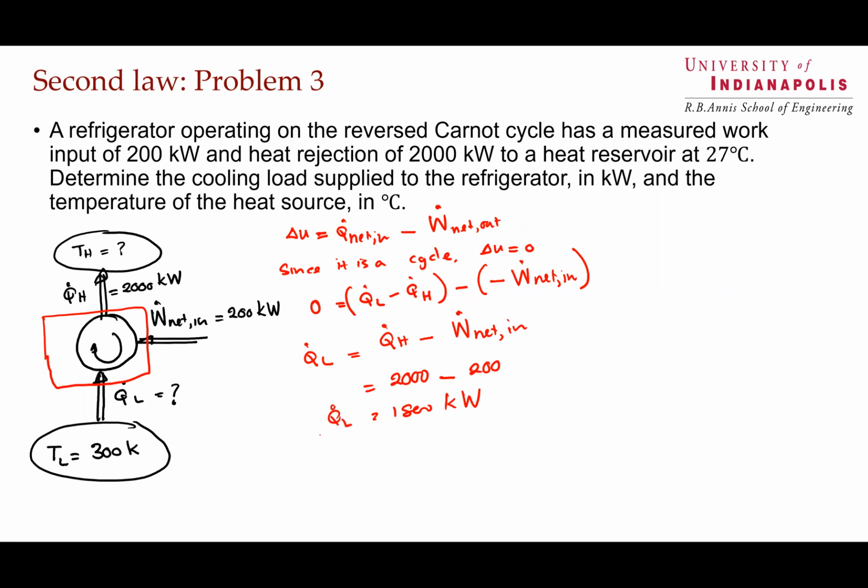And it's in a reversible cycle, so we can find the COP of R. Desired output is Q dot L, so we have Q dot L divided by required input W dot net in, which is 1800 divided by 200, it's 9. COP is 9.